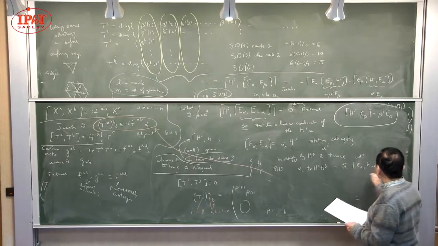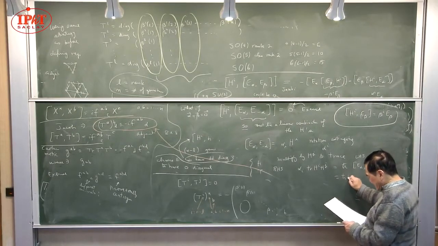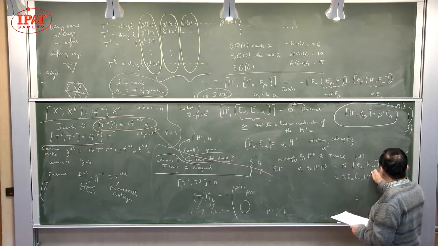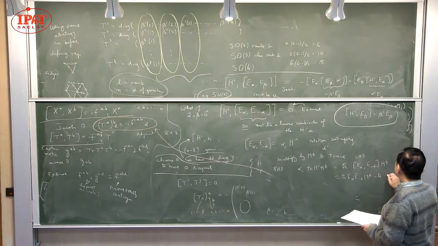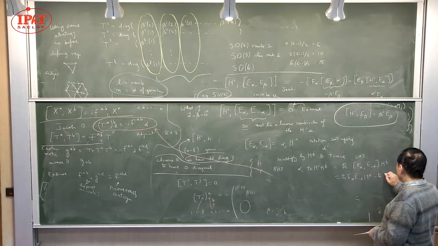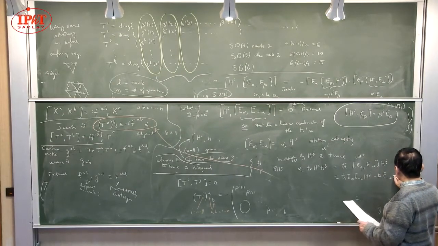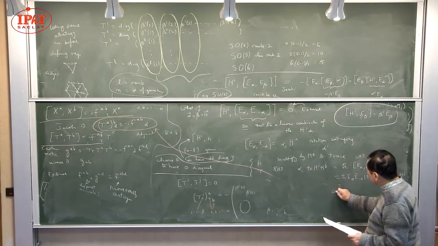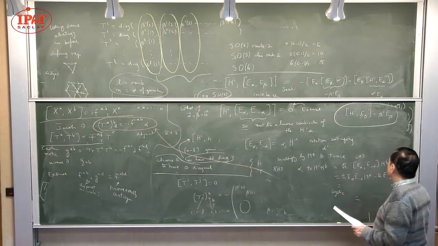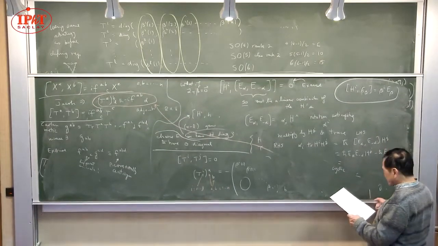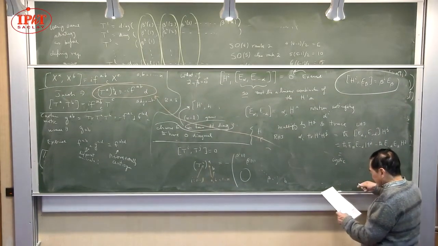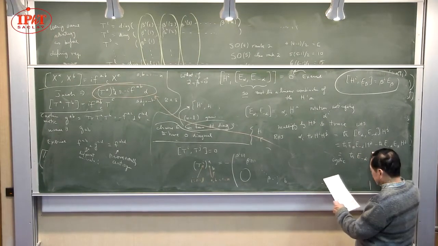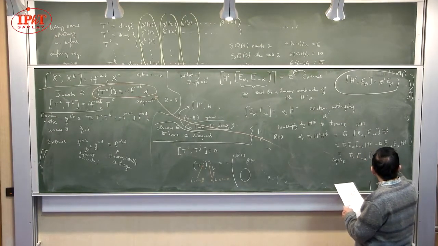We now have two terms: trace E alpha E minus alpha Hj minus trace E minus alpha E alpha Hj. Now we use the fact that the trace is cyclic. Using that property, we get that this is the trace of E minus alpha Hj E alpha.